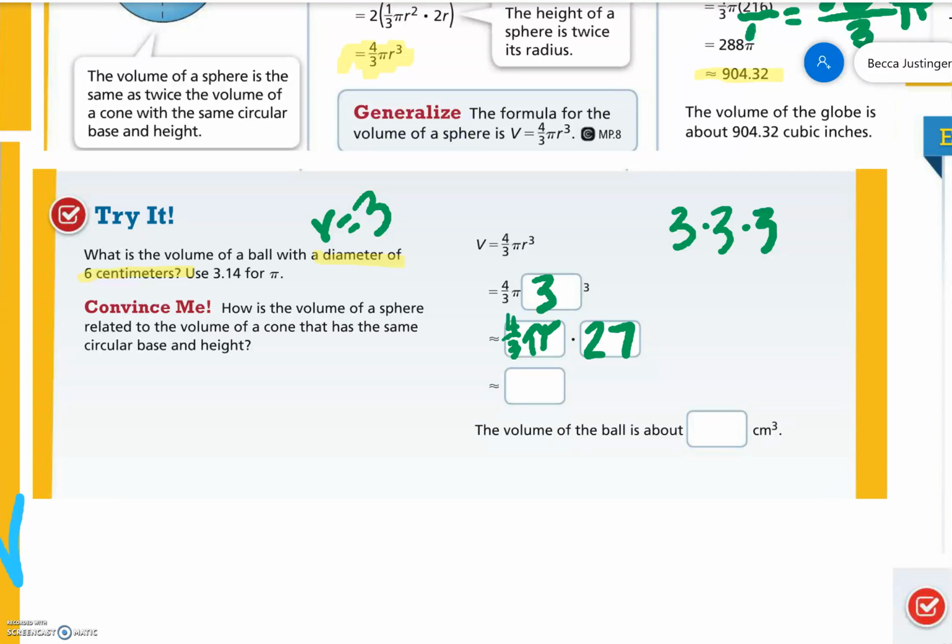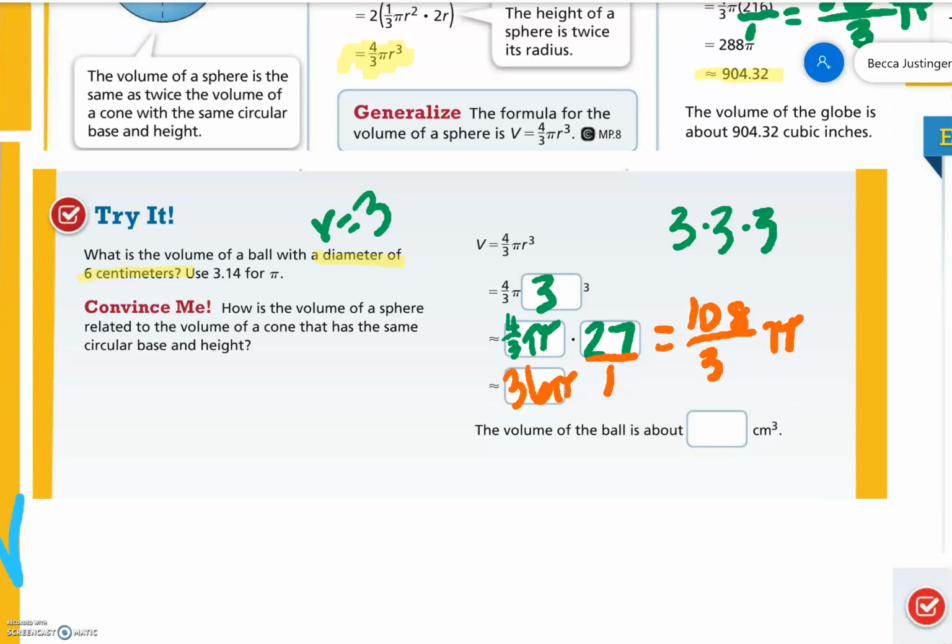Then we are going to multiply, make 27 over 1. And 4 times 27 is 108, and 3 times 1 is 3, so we have 108 over 3 pi. We do 108 divided by 3, and that gives us 36 pi.